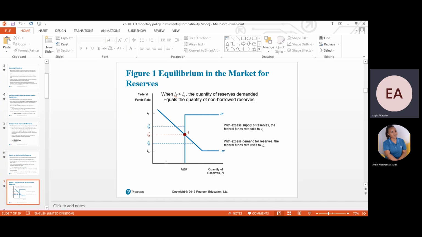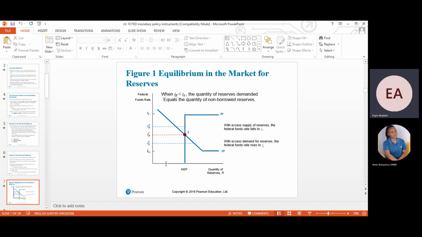The graph illustrates the equilibrium in the market for reserves. When the federal funds rate is less than the discount rate, the quantity of reserves demanded equals the quantity of non-borrowed reserves.